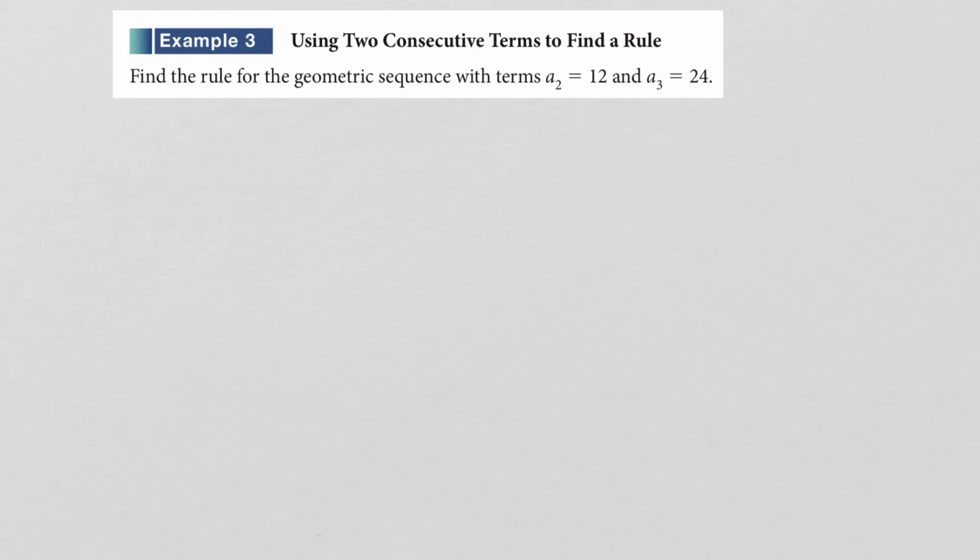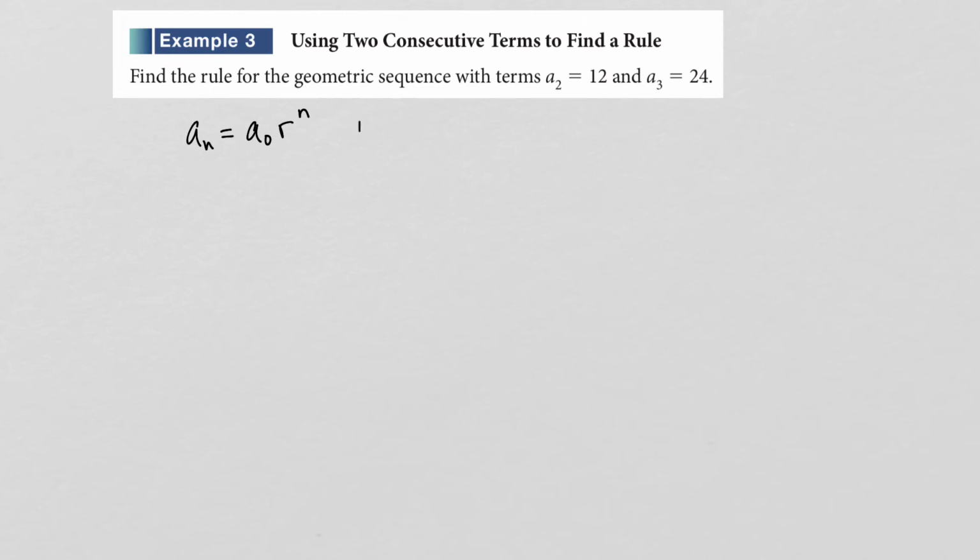So in our first example for geometric sequences, it says find the rule for the geometric sequence with A2 equals 12 and A3 equals 24. So let's remember that A_n is equal to A naught times r to the n.